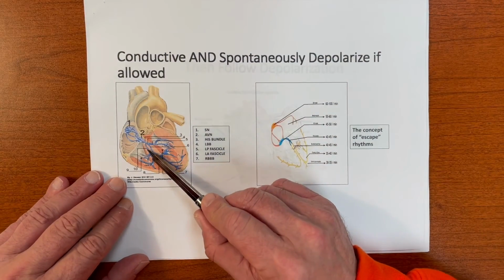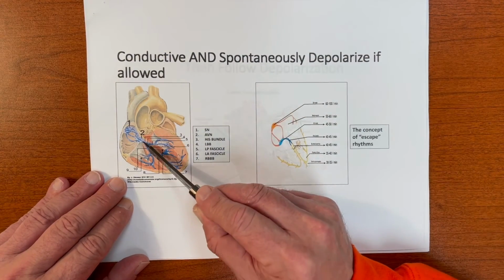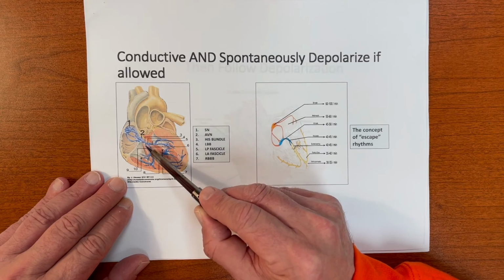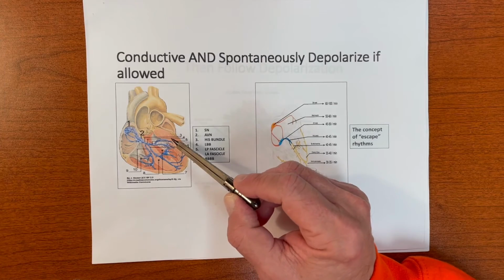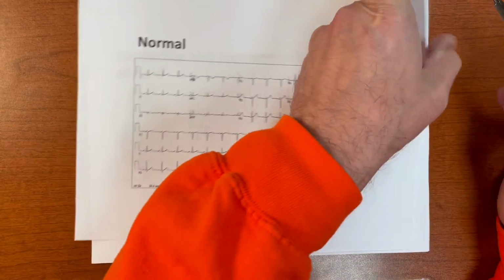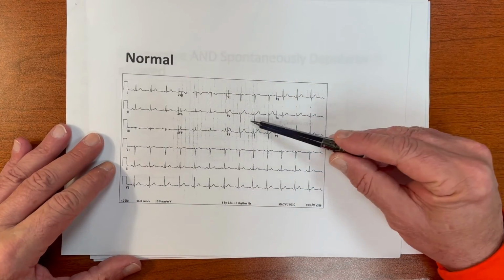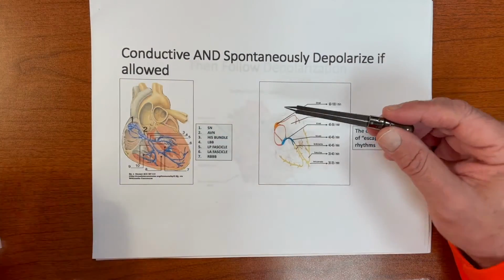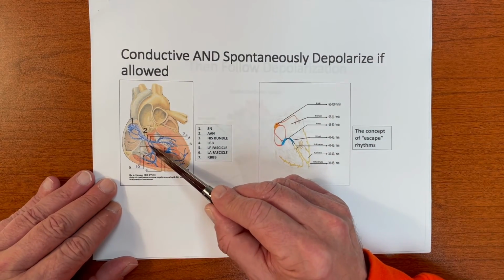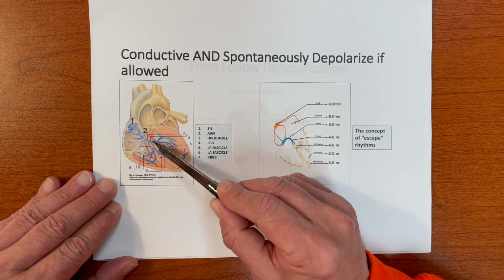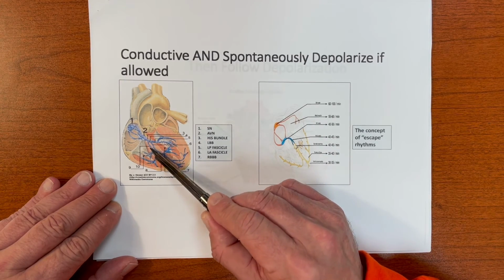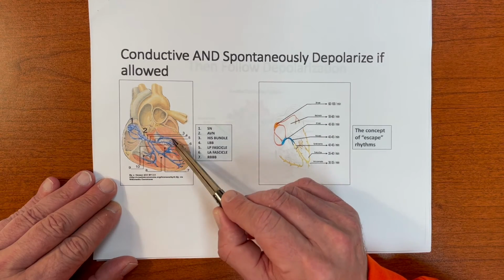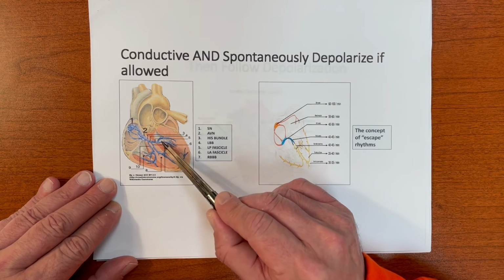Here we have the right bundle gets blocked. So what happens is the impulse, instead of coming down here and simultaneously going through both branches to get to the ventricles, which gives you a nice, narrow, neat-looking QRS, a block, let's say in the right system here, means the impulse can't get past it. The impulse goes normally through the left system, and the only way that the right side, distal to where that block is, can get activated is from the left.